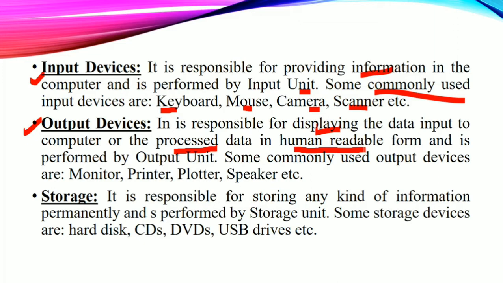Or when our computer generates any result, that result is also available to us by using these output devices. So it means that output devices will show you all kinds of output. Some most commonly used output devices are monitor, printer, plotter, and speaker. We have many other output devices also, but these are some of the most commonly used.